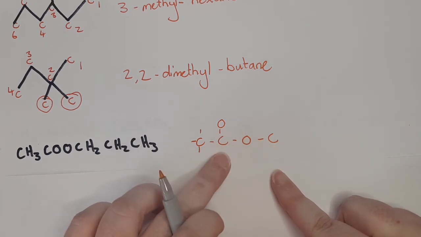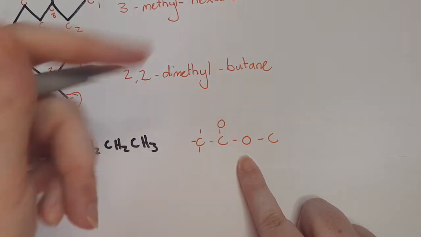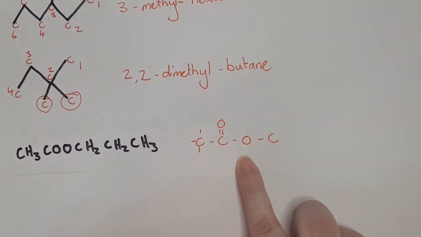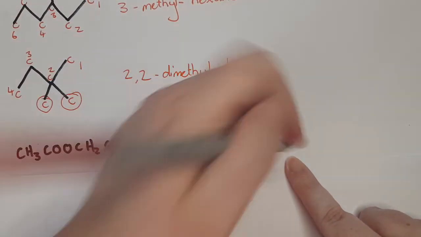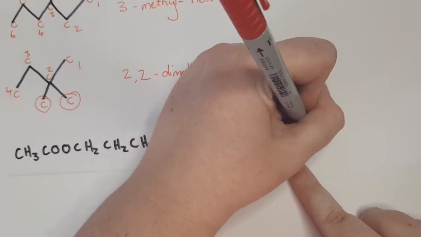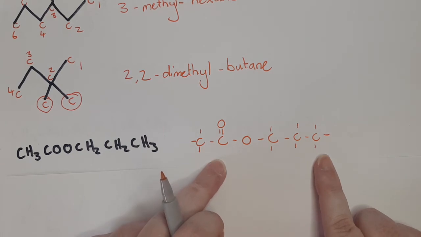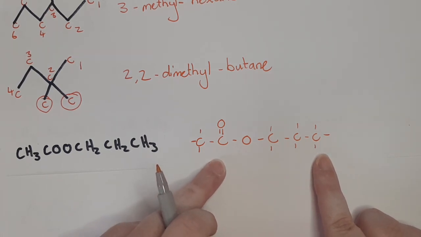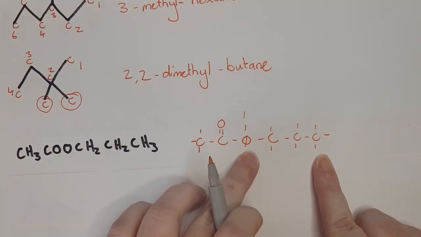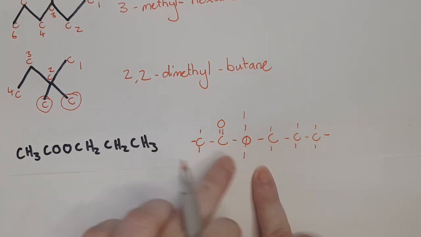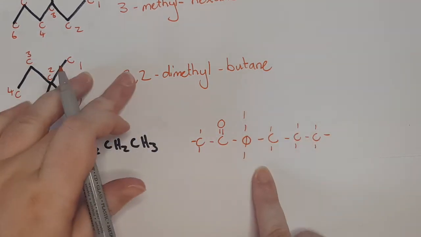Okay, so now we know that carbon has to have 4 bonds. So we've got 1, 2, 3, which means that one of these has to be a double bond. Okay, if we carry on with the chain, that's CH2, CH2, and then CH3. So now, looking at it this way, you know that you have an ester. And remember, with esters, wherever we have our bond of our oxygen in the middle, we break it up. So the side with the double bonded O came from the carboxylic acid, and the other side came from the alcohol.